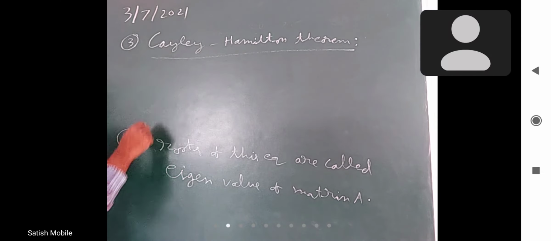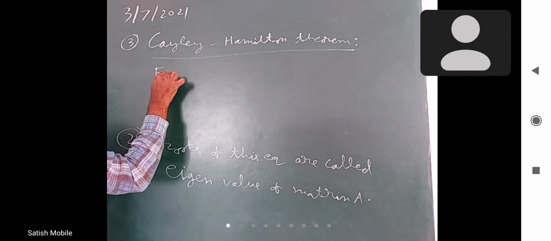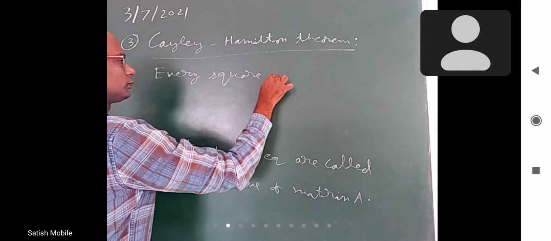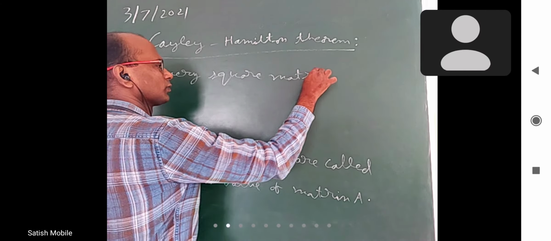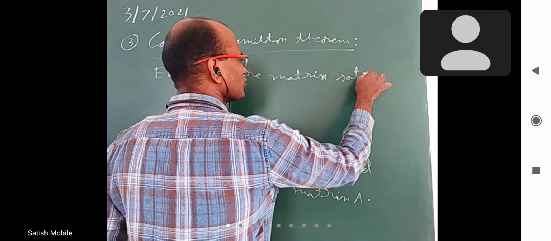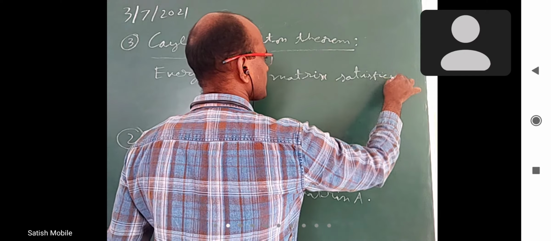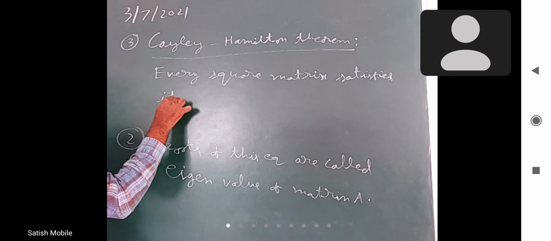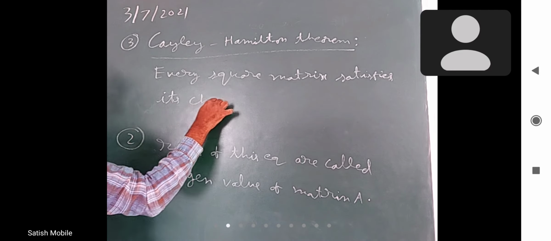What the Cayley-Hamilton theorem says is, every square matrix satisfies its characteristic equation.